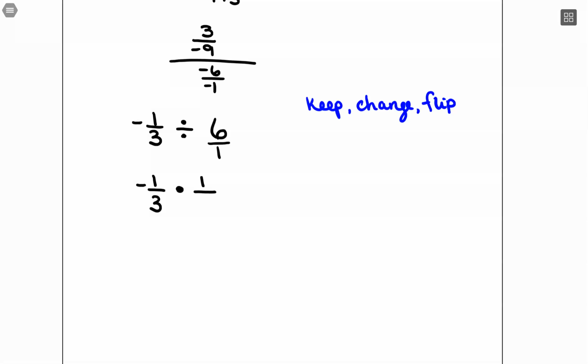I just like keep, change, flip. That's kind of the quick way of remembering. So this will be a negative 1 over 18. And we're done. So with these complex fractions, once you have your numerator and your denominator, write it in this horizontal way, and then use that keep, change, flip.